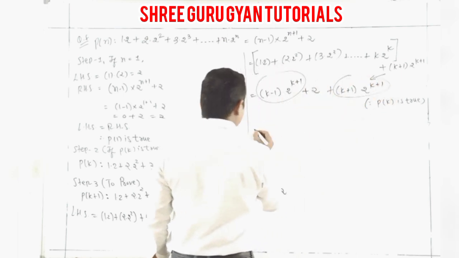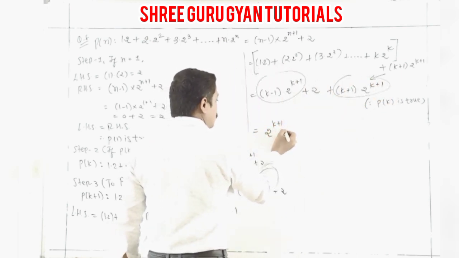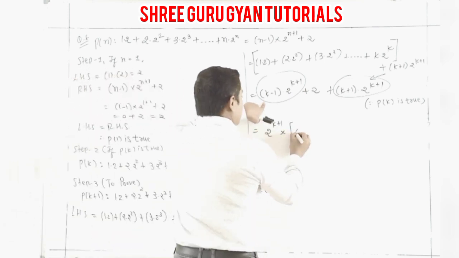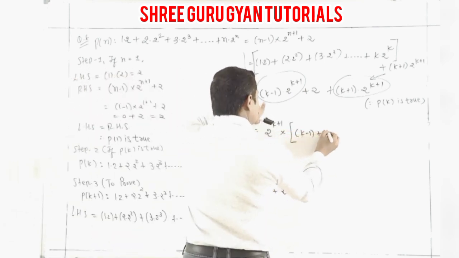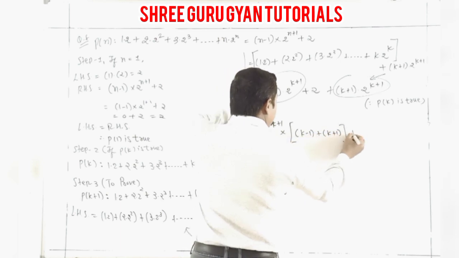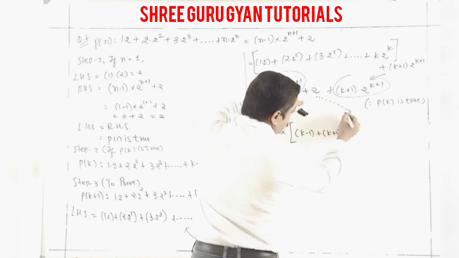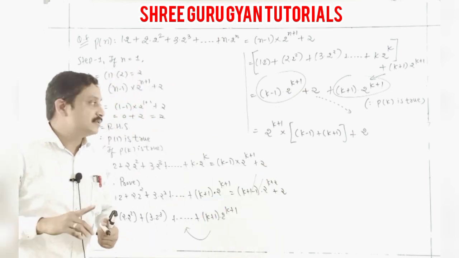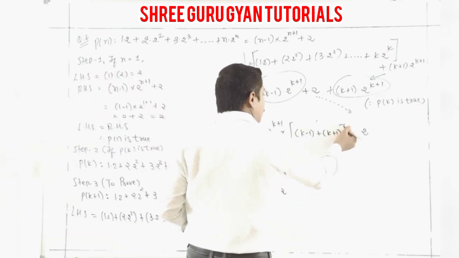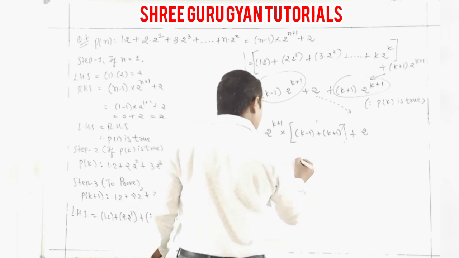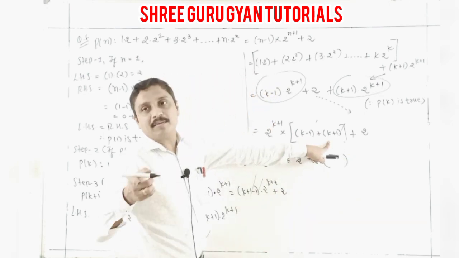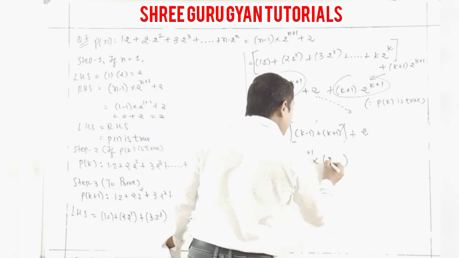So what are you getting? 2 raised to k plus 1 is common; the remaining are k minus 1 and k plus 1, and these two students I just showed, same as before. So finally 1 and 1 common. I have only 2 raised to k plus 1 into how much? k plus k, 2k.